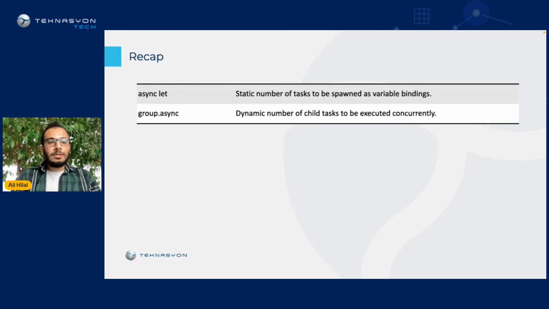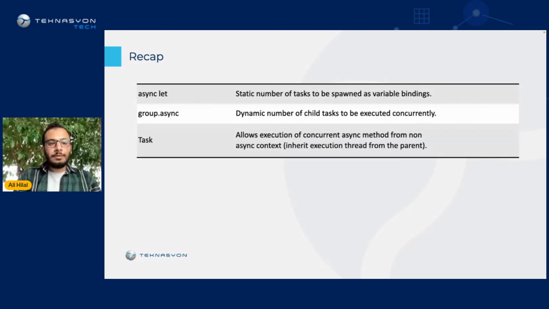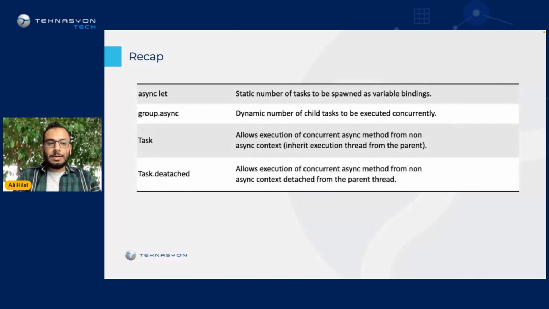Then we saw how task group works, which on the other hand gives us the ability to perform a dynamic number of tasks concurrently. Then we saw the task, which allows the execution of concurrent asynchronous methods from a non-asynchronous context, and which inherits the execution from the parent, as we saw earlier.